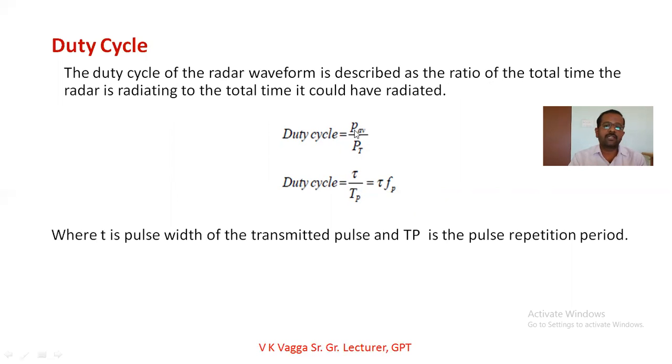The ratio is indicated as Pav divided by Pt, or tau divided by Tp, or equal to tau times PRF. It gives you the duty cycle here. Again, tau is the pulse width of the transmitted pulse, and Tp is the pulse repetition period. Understood? Okay. Is there any doubt?